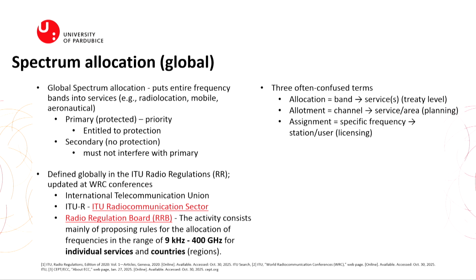Okay, it covers from 9 kilohertz up to 400 gigahertz, some tables are from 3 up to 300 gigahertz and so on. I think that these small differences are caused by national allocation tables, because I know that the British have it from 3 up to 300 gigahertz, we have a little difference, so it varies, but never mind.